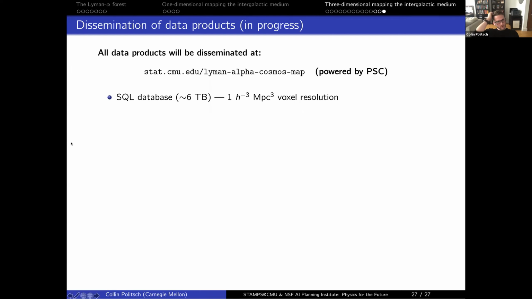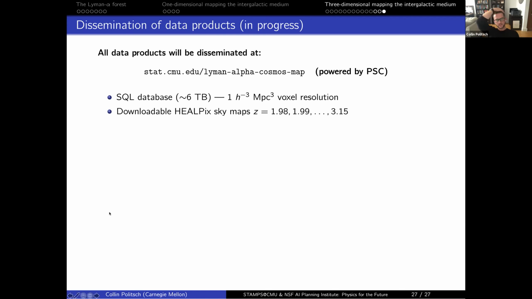At the end of the day, what it's going to contain is a 6 terabyte SQL database that makes the full 47 cubic gigaparsec over h cubed map queryable at a 1 cubic megaparsec voxel resolution. And then downloadable HEALPix sky maps.